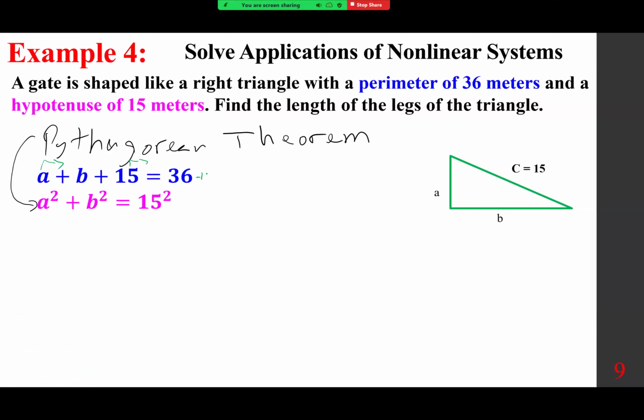So B becomes 21 minus A, because 36 minus 15 is 21. So we are going to replace the B with 21 minus A. And of course, 15 squared is 225.